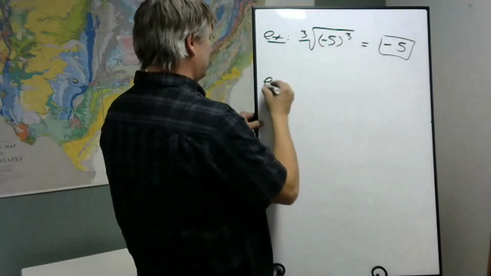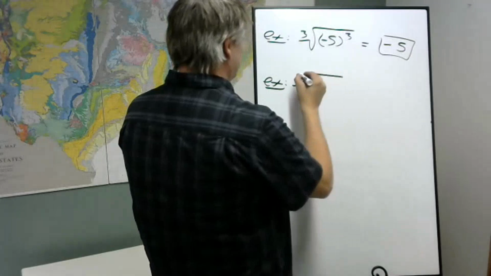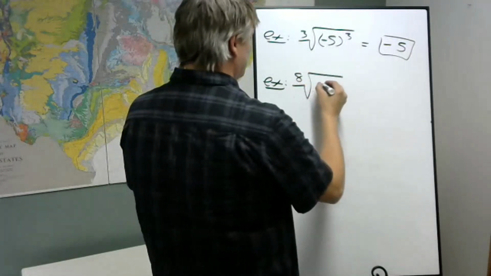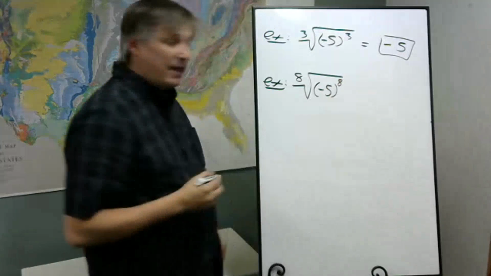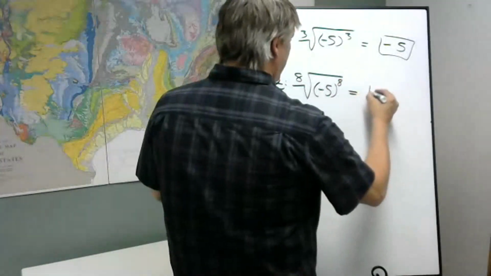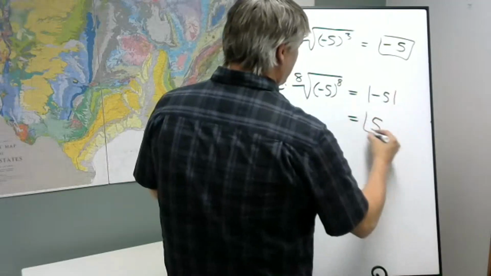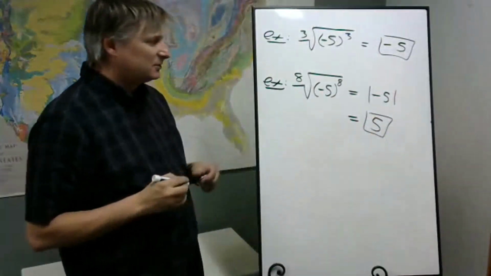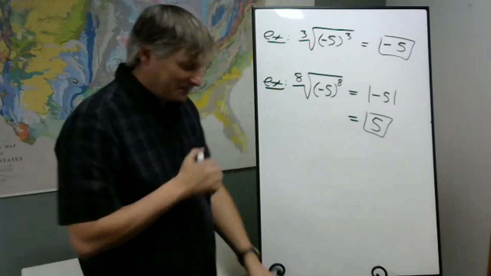But if we take the 8th root of -5 to the 8th exponent, or 8th power, this will be the absolute value of -5, or 5. So it doesn't quite pass on through, only as a positive number.